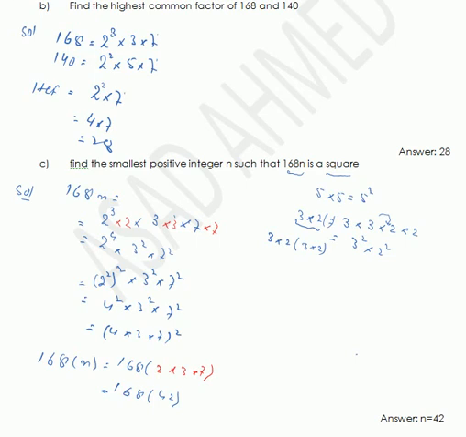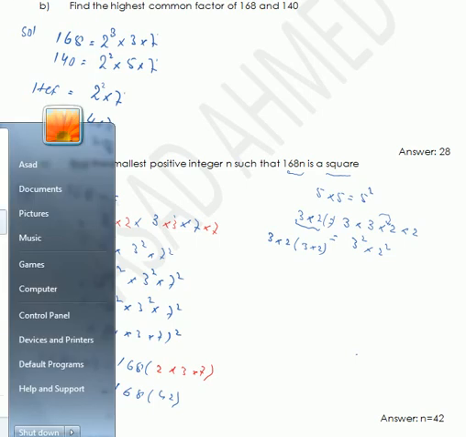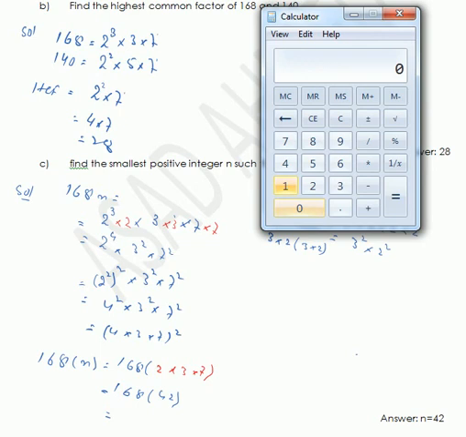When we multiply 168 by 42, it becomes a square number, and this square number is 168 multiplied by 42, which is equal to 7056, and when we take the square root, it is 84. So 42 is n. So n is equal to 42.